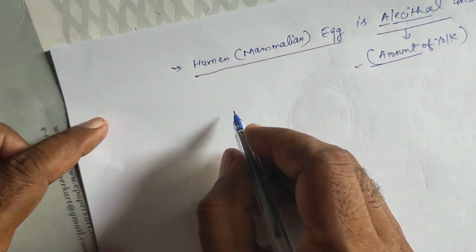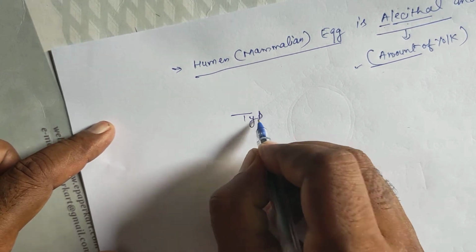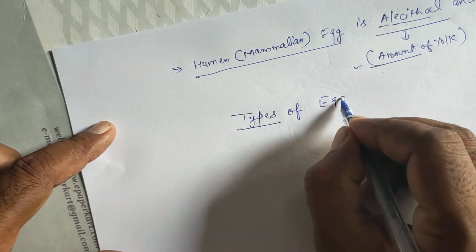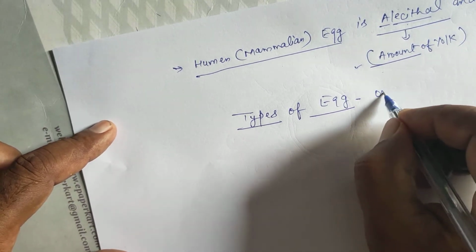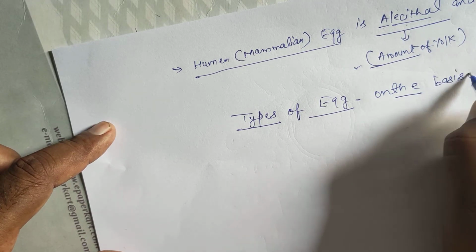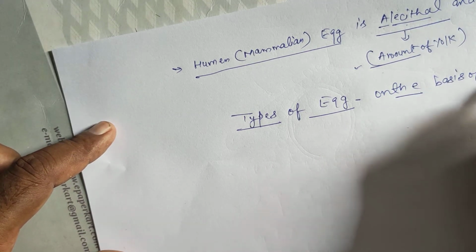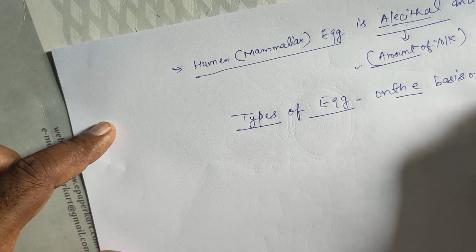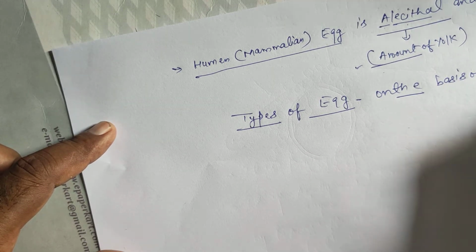Next, types of egg. First is on the basis of amount of yolk.